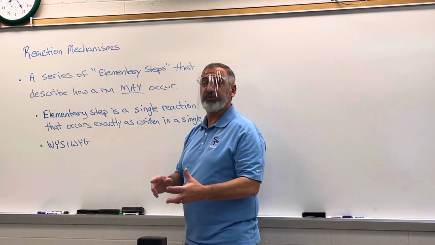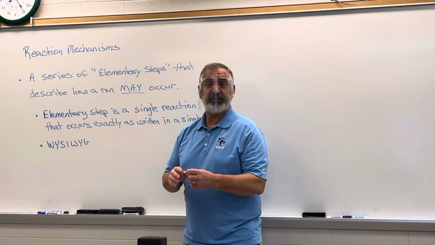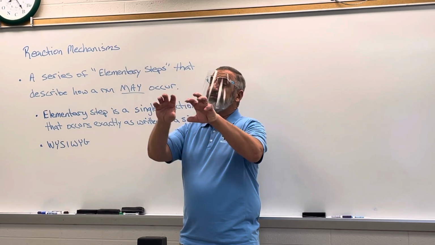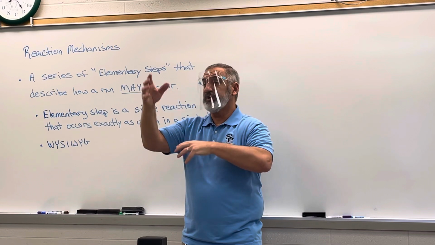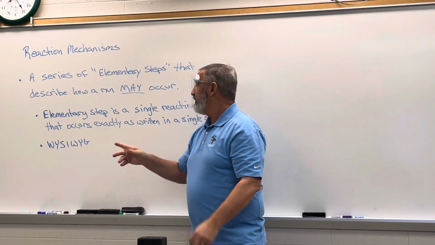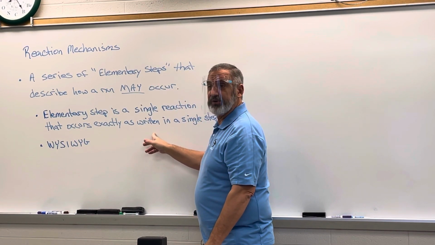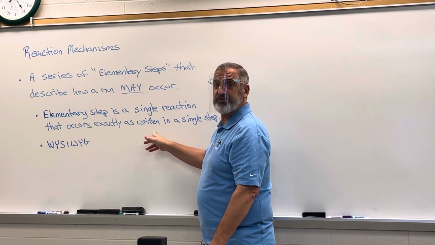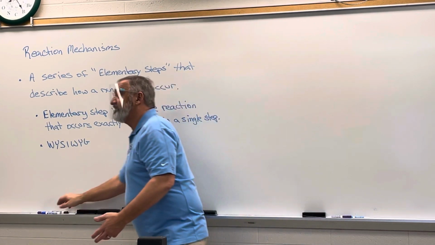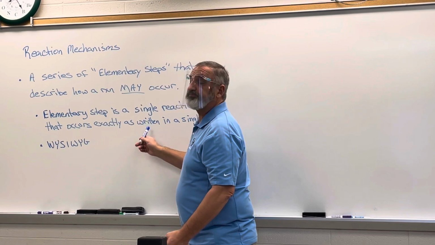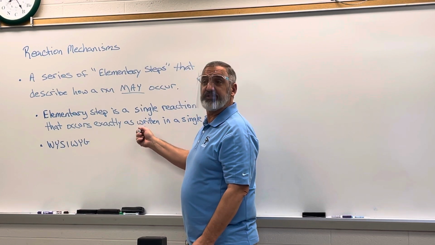So I say all of that to say, an elementary step is what you see is what you get. With most chemical reactions, they just give you the end result, but they don't show you what's happening in the middle. An elementary step is what's happening in the middle. What you see is what you get. Every step of a mechanism is going to be an elementary step.